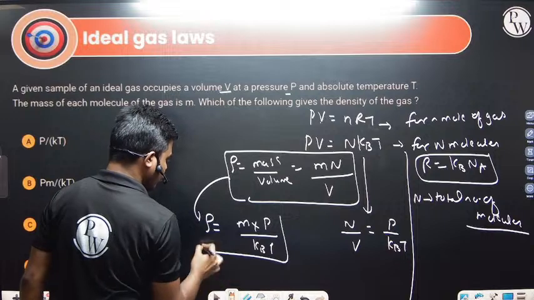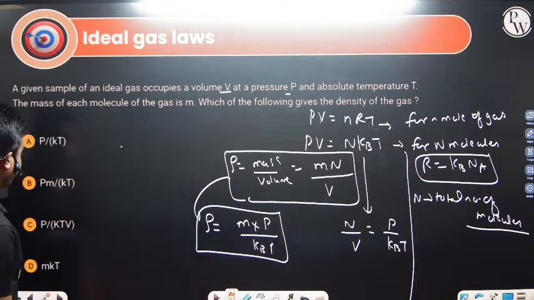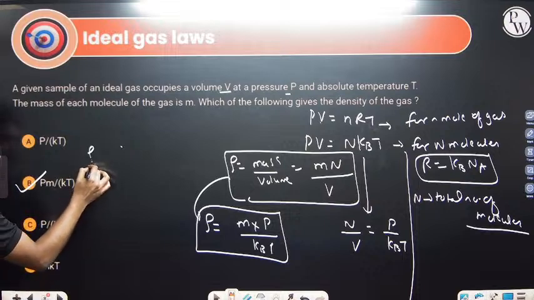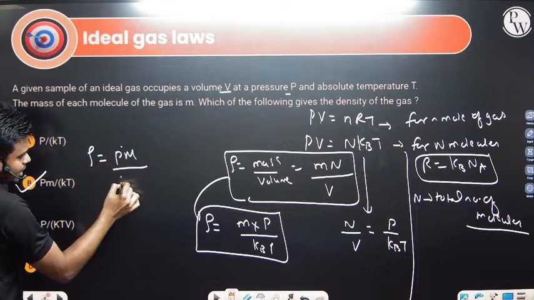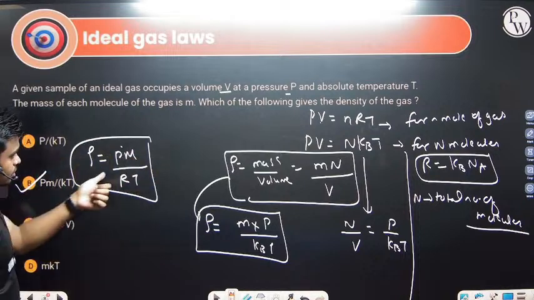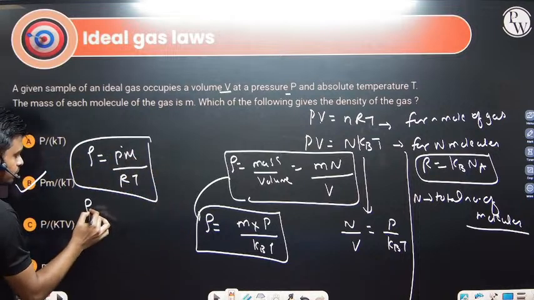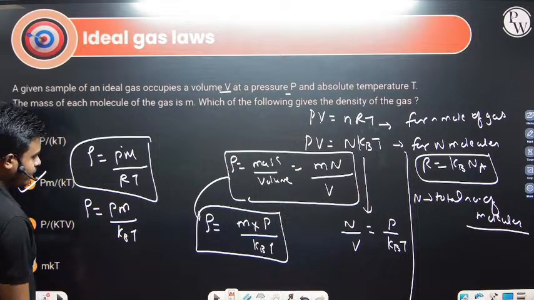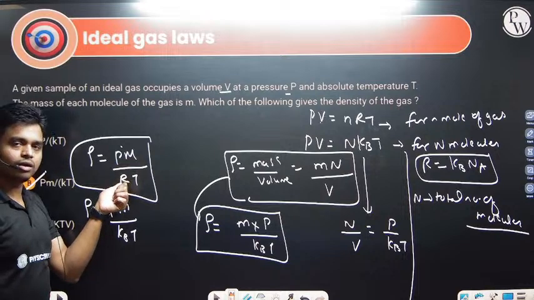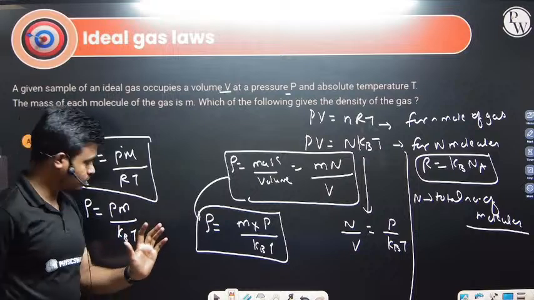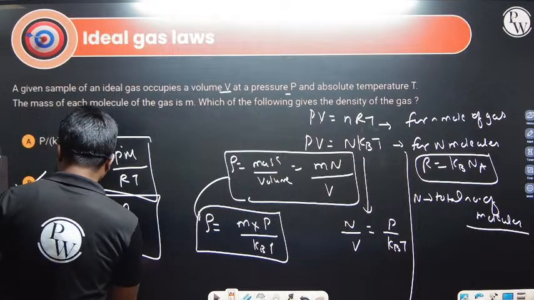The answer we are getting is P m by kBT for the density. We can also write density as P M by RT for 1 mole of the substance, and P m by kBT for 1 molecule. Again the same story: M for 1 mole, R for 1 mole, small m for 1 molecule, and kB for 1 molecule. So we are getting P m by kT.